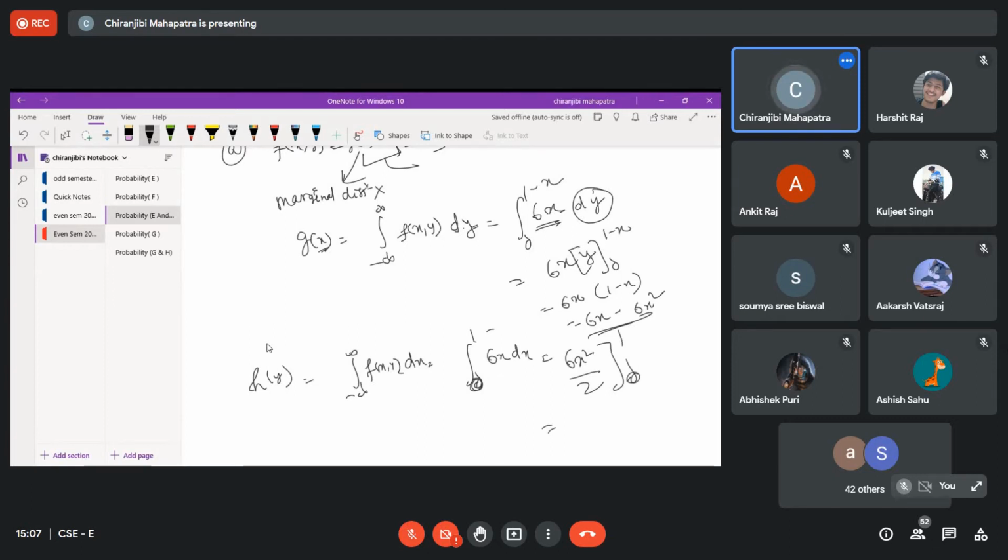If you put 1 here, 6 by 2, only 3. Is it correct?